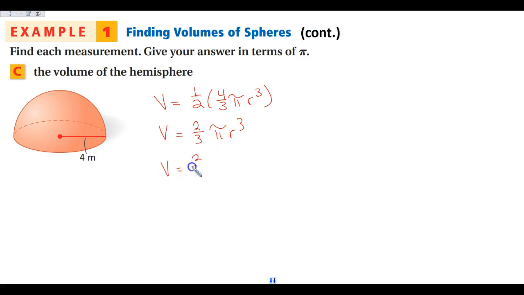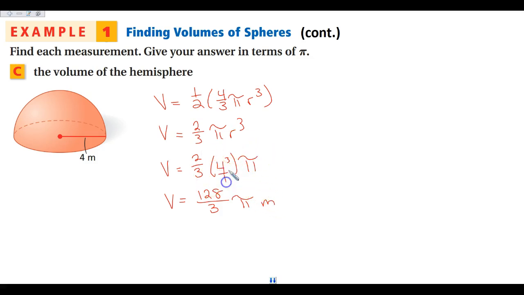So we're going to do 2/3 times 4 cubed times pi. So when I do 4 times 4 times 4, or 4 cubed, and then I multiply that by 2, I'm going to get 128. And then divide that by 3. This is not a nice number, so we're going to just leave it as a fraction.